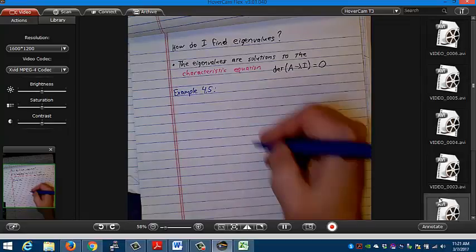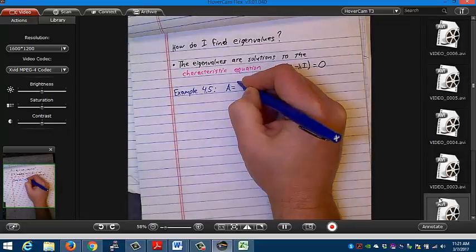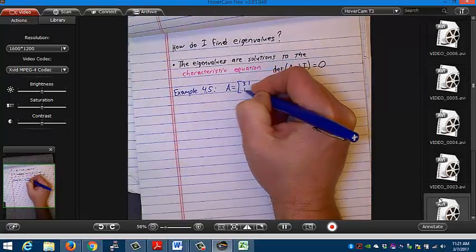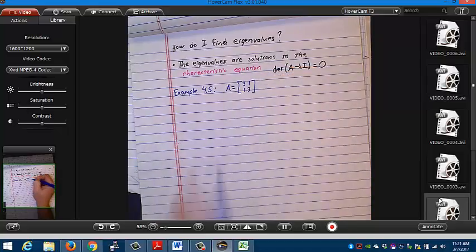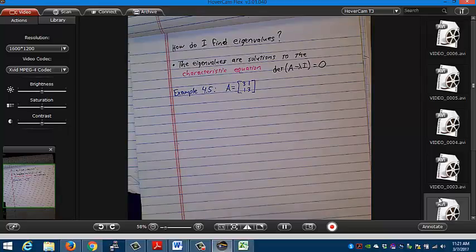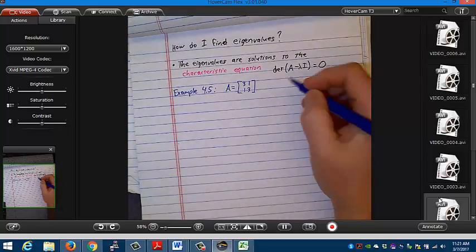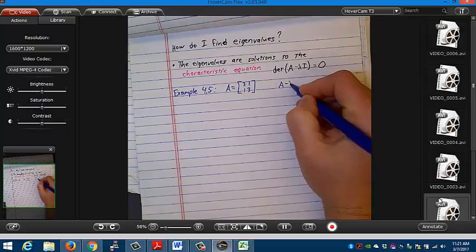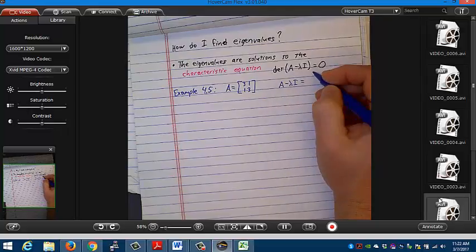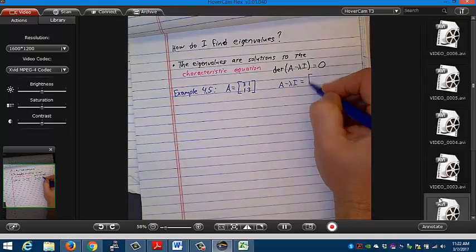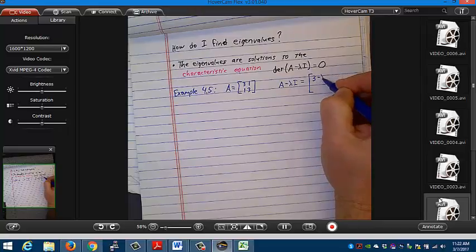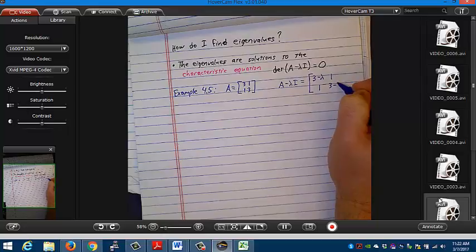So the matrix that they did, A was 3, 1, 1, 3. That's a nice example. Okay? So if we wanted to talk about A minus lambda I, that would be this matrix. 3 minus lambda, 1, 1, 3 minus lambda.